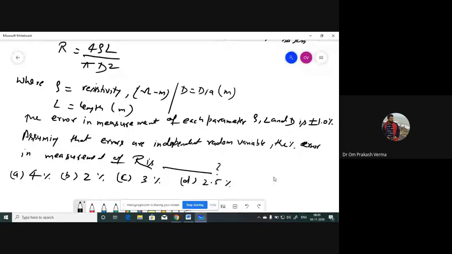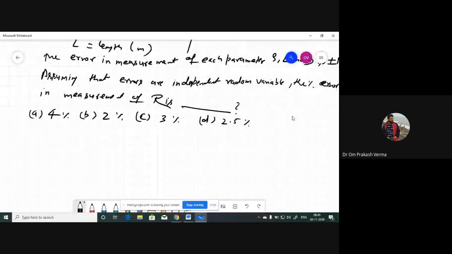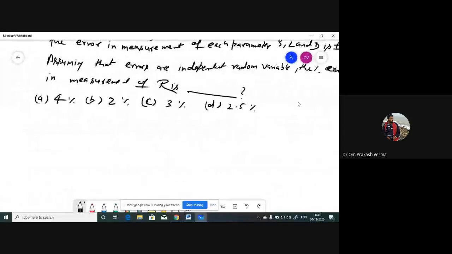How will it come? Since R is related to 4 rho L by pi d square, when you differentiate, this question was asked in the 2014 GATE exam as a 2 marks question. So simply you can solve it. You have to find delta R, the change in resistance.